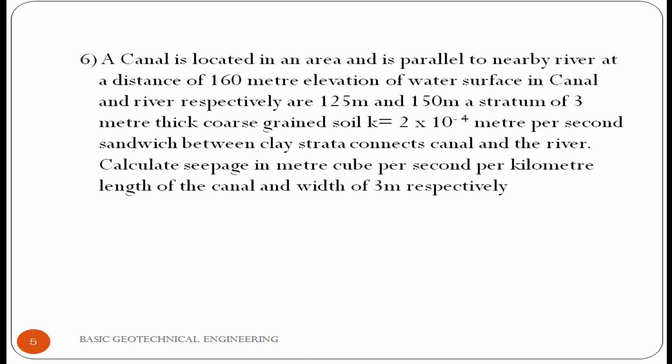A stratum of 3 meter thick coarse grained soil, whose coefficient of permeability is 2 into 10 to the power of minus 4 meter per second, sandwiched between clay strata, connects canal and the river. Calculate the seepage in meter cube per second per kilometer length of the canal and width of 3 meter respectively.